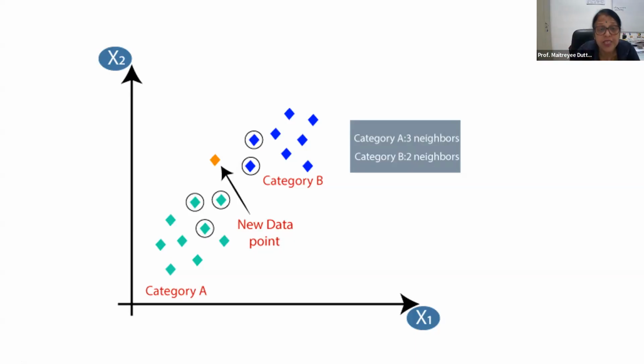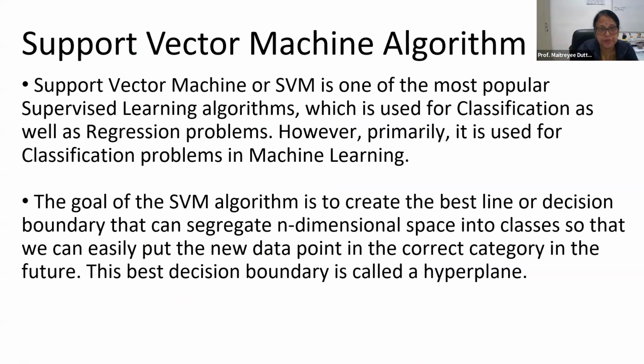So this way we calculate the k nearest neighbor algorithm.